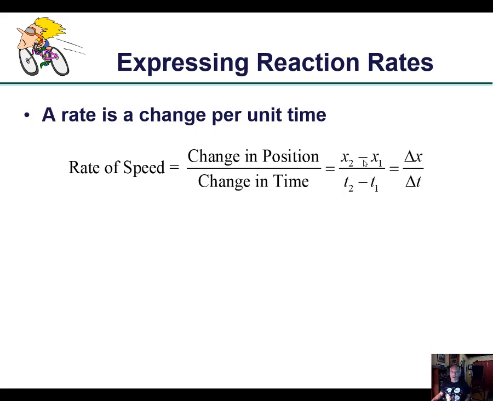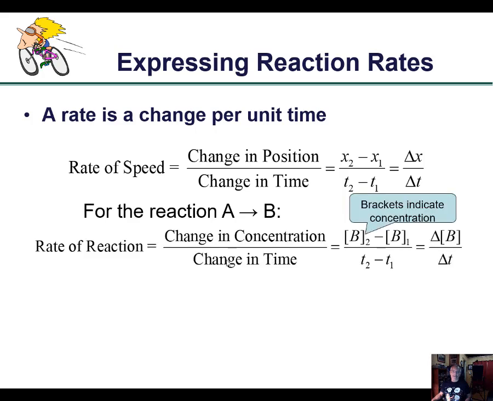It's typically, for us here in the States, miles per hour. If you're from pretty much anywhere else in the world, you probably express it in kilometers per hour. But that's just going to be the final position minus the initial position divided by the final time minus the initial time, and that will give you your average rate of speed. So for a reaction, we have a concentration of reactant A, and we have a concentration of our product B. And so all we're going to do is compare these two rates.